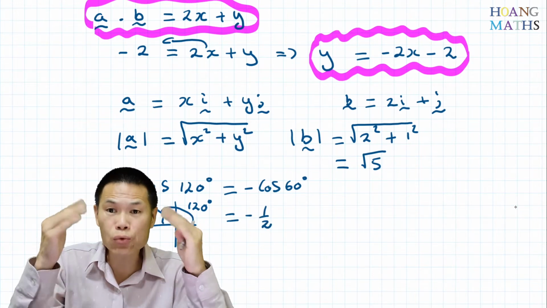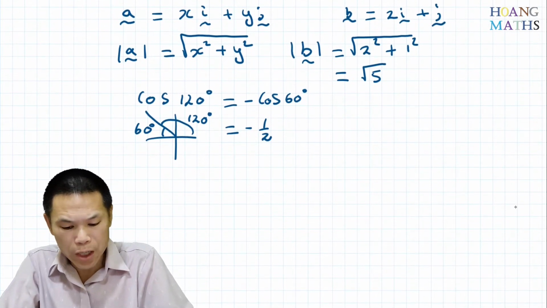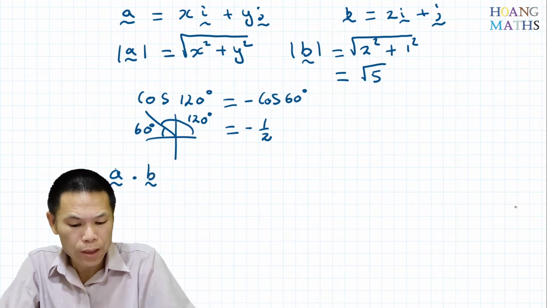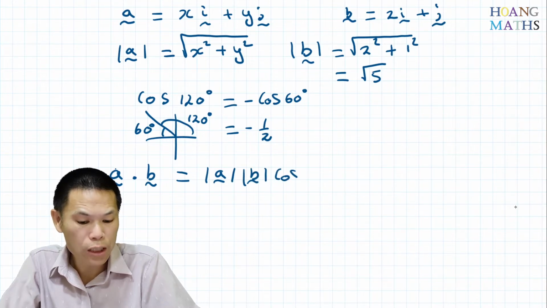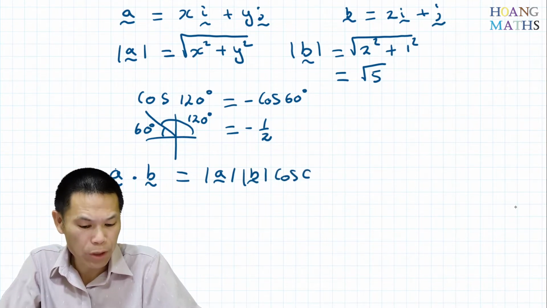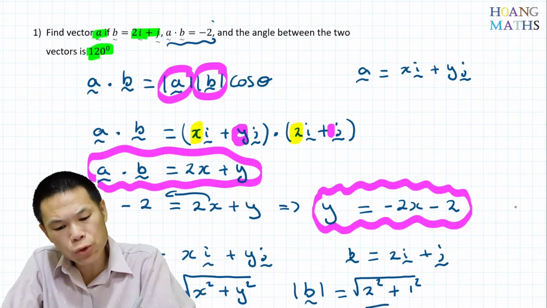So now let me just write down the dot product formula first, okay? So we know that A dot B becomes the magnitude of vector A times the magnitude of vector B, and then cos of the angle in between. We know that A dot B is -2.